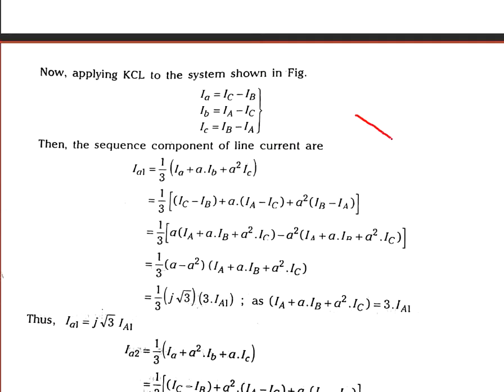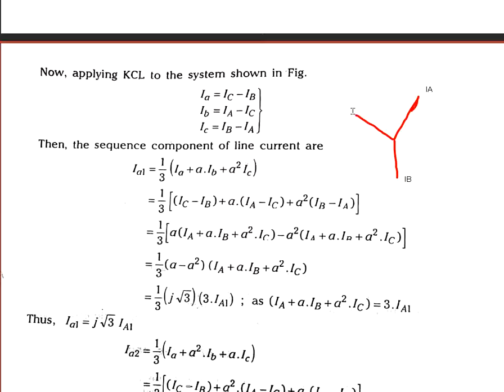It is like this. So this is my IA, IB, and IC.